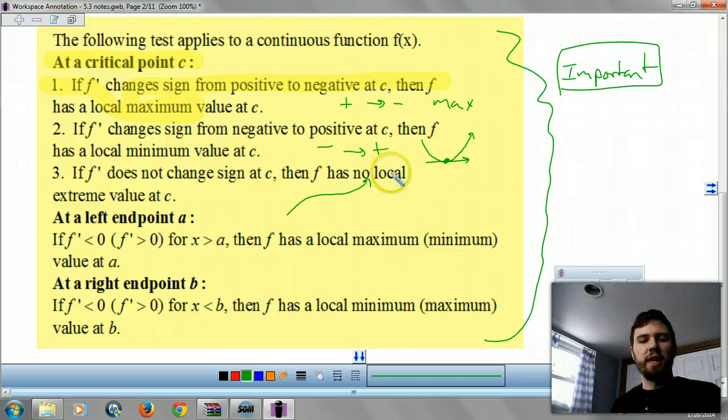And the other thing you have to do is plug in your endpoints to see if those are bigger or smaller than your other points, because then they might be local maxes or local mins.